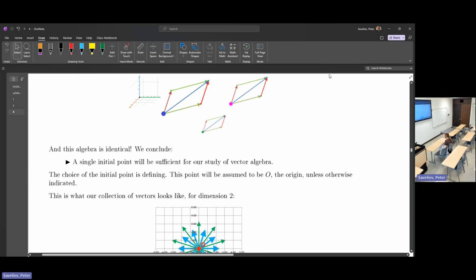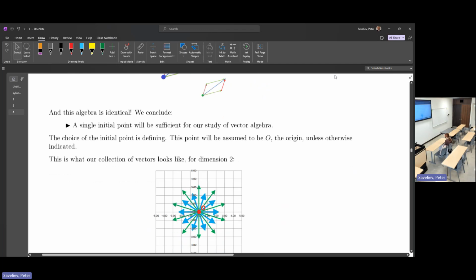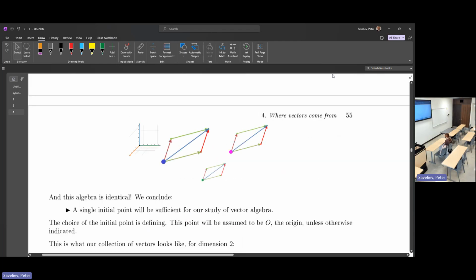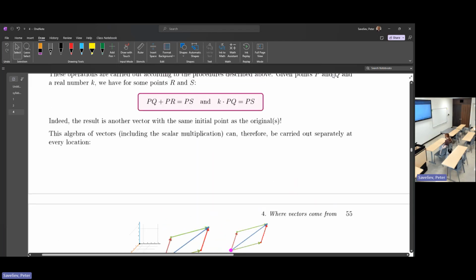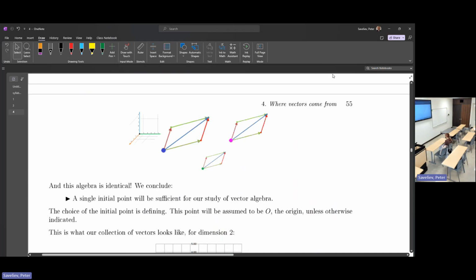Literally resizing your diagram. Okay, so this is a collection of vectors in dimension 2, all originating at the origin. Once again, we have vectors that exist everywhere, and the algebra is carried out this way, head to toe.